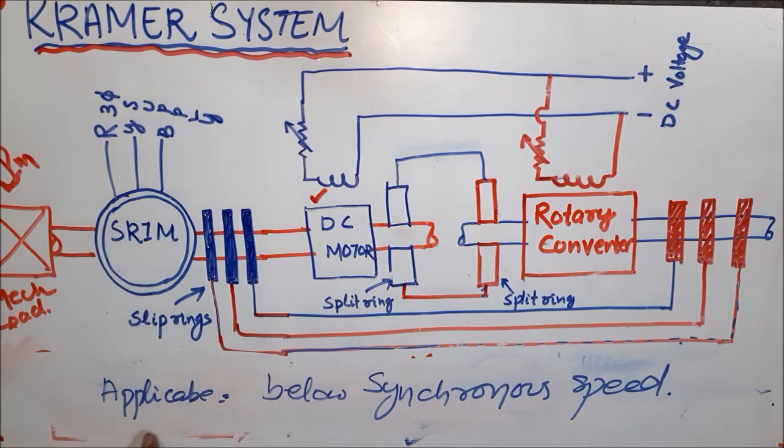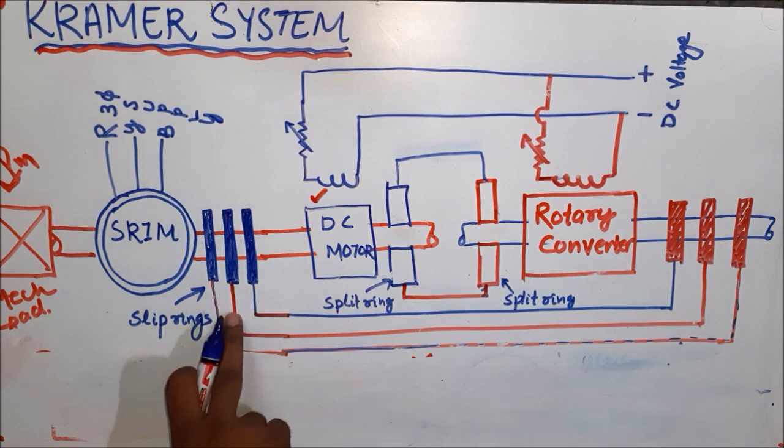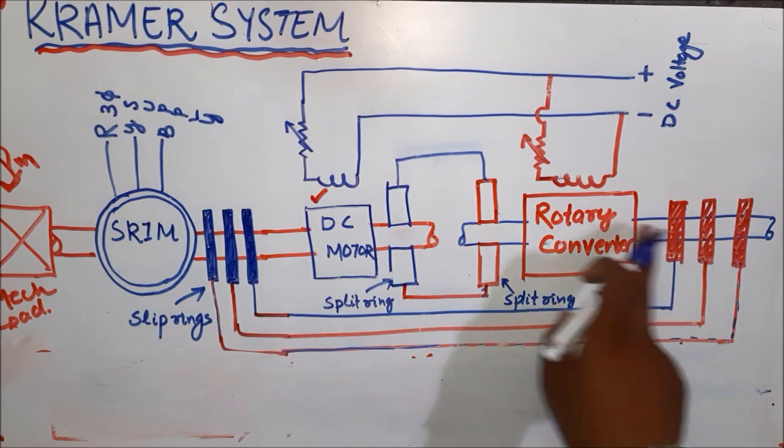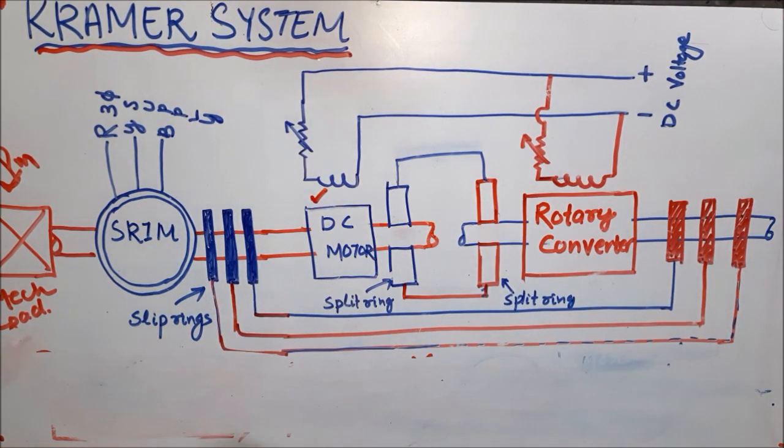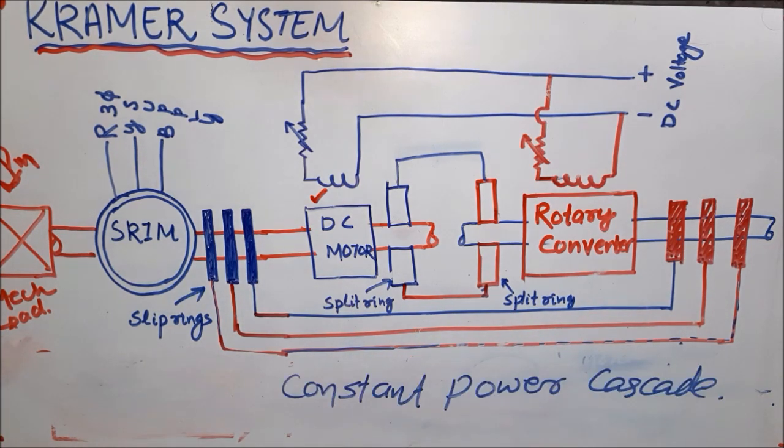This system is applicable only below the synchronous speed. That means we can vary the speed in the range between 0 RPM and NS, the synchronous speed. As the power lost in the slip ring is recovered as mechanical power, we get more or less constant power. That is why this system is also called constant power cascade.